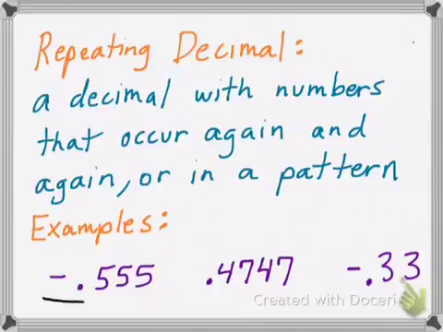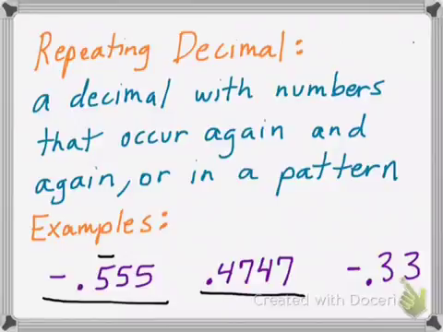If you look here, we have negative 555 thousandths, and since the 5 is repeating, then I can put the repeating bar over the first 5. So we can say it also as negative 5/10ths repeating. Our next example, we have 4,747 10,000ths.